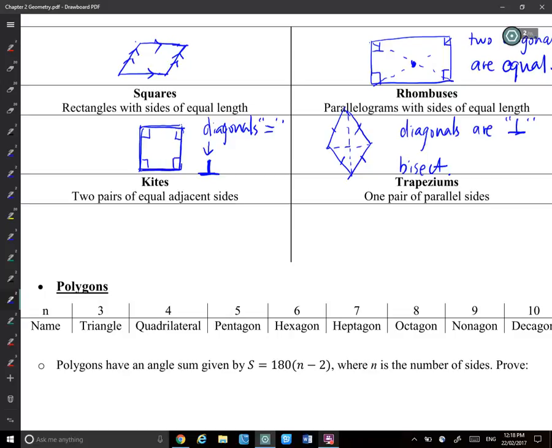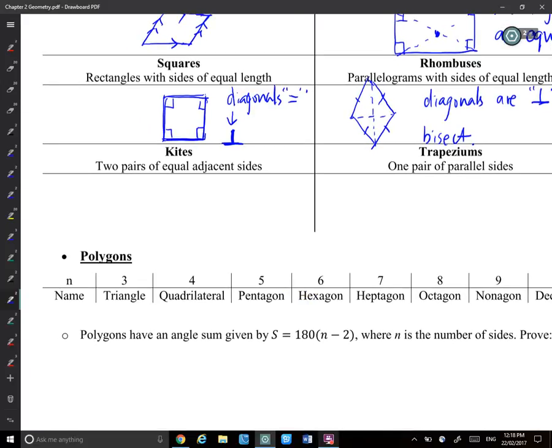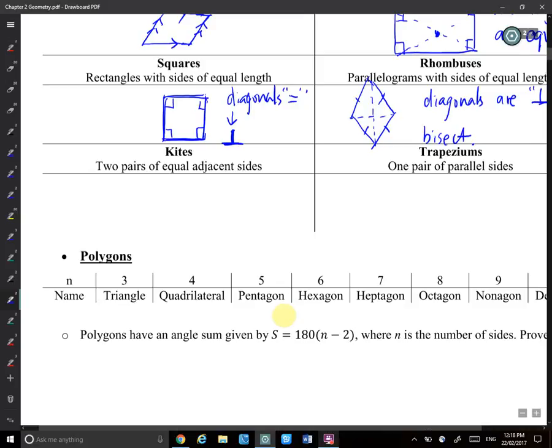And the next one is a kite. So what is a kite? A kite has 2 pairs of equal adjacent lengths. So we can have, okay, that's a kite. This looks bad, but that's a kite.